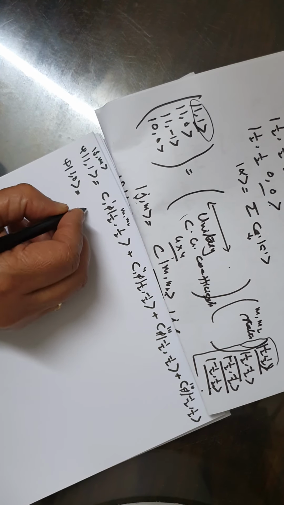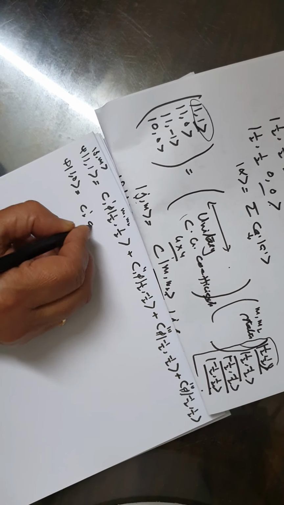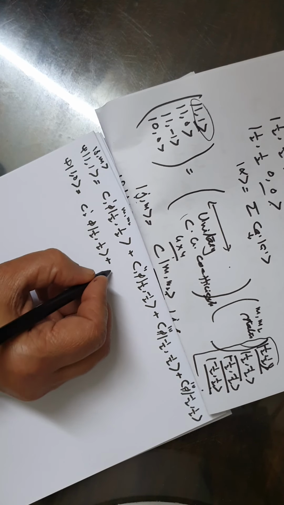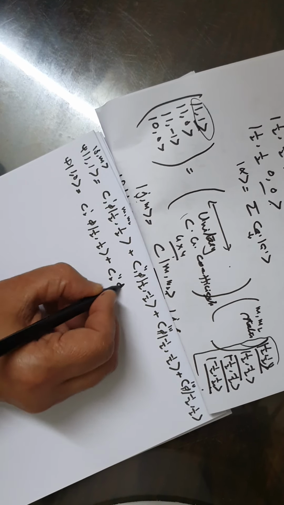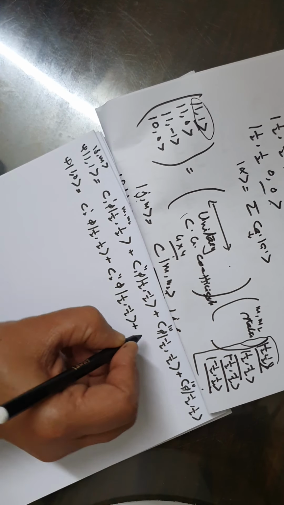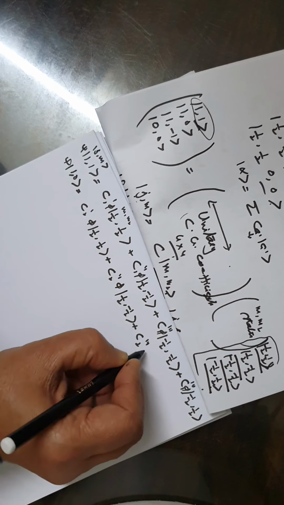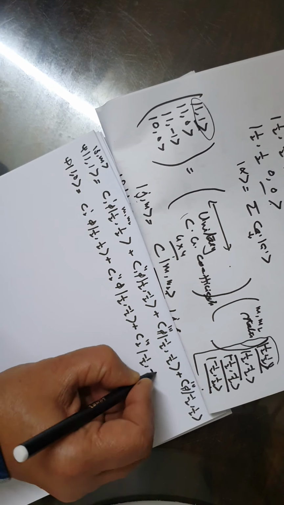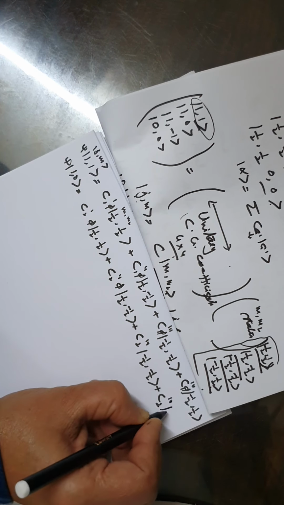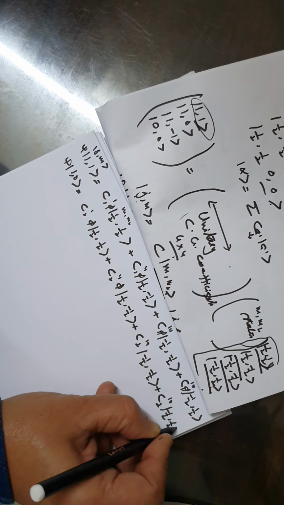This will be C2 dash phi 1 by 2, 1 by 2 plus C2 double dash phi 1 by 2 minus 1 by 2 plus C2 triple dash minus 1 by 2 minus 1 by 2 plus C2 4 times dash minus 1 by 2 and 1 by 2.